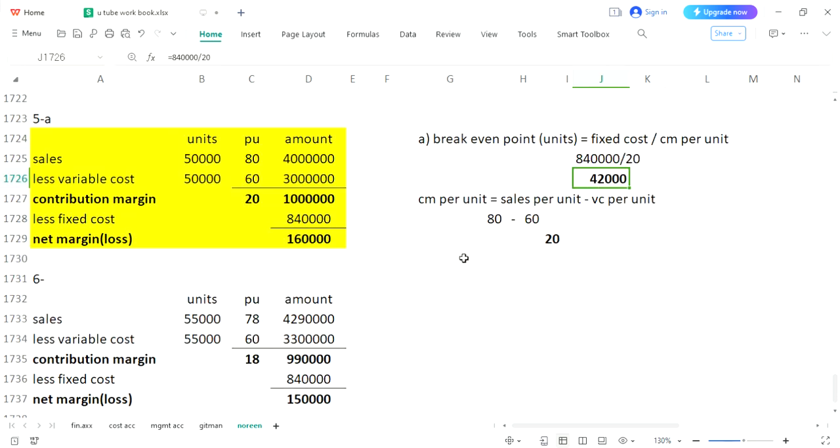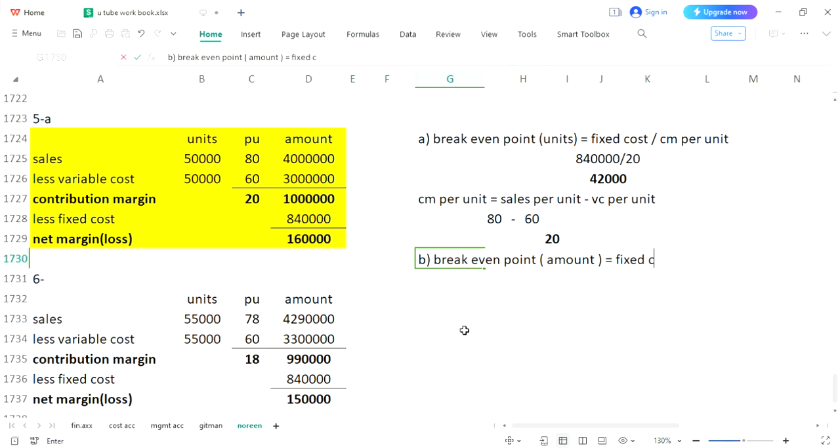So part B would be solved over here, and what is that? We need to calculate break even point, but in terms of dollars or amount. How do you calculate it? You need fixed cost divided by the CM ratio, the contribution margin ratio, so we will calculate the CM ratio first.